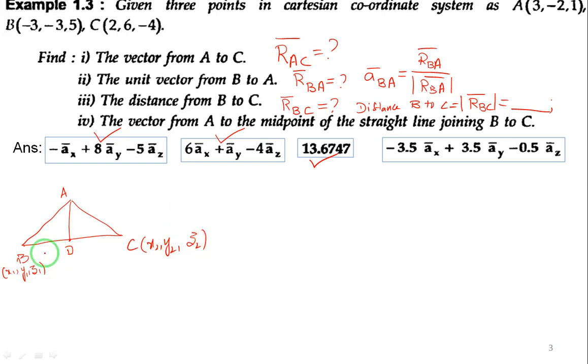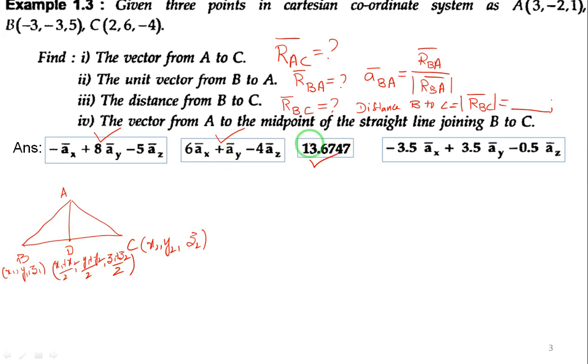Then we have to find the midpoint of the line B and C. To find the coordinates of D: (x1 plus x2) divided by 2, comma (y1 plus y2) divided by 2, comma (z1 plus z2) divided by 2. This will give the coordinates of D, and that is the midpoint of BC.